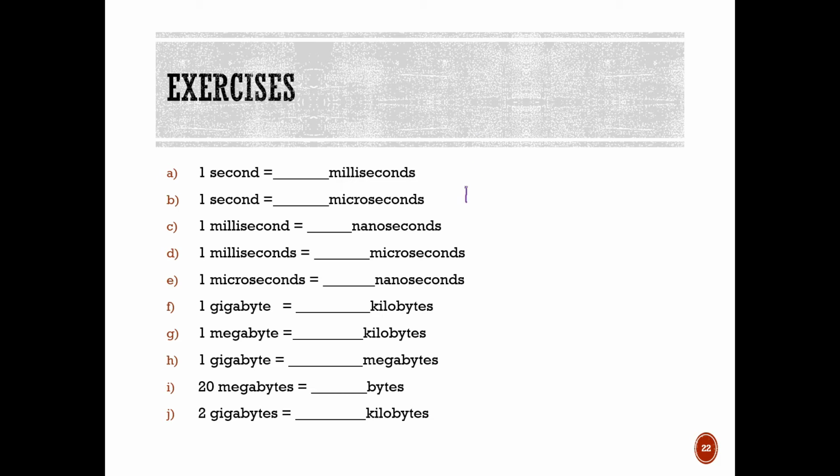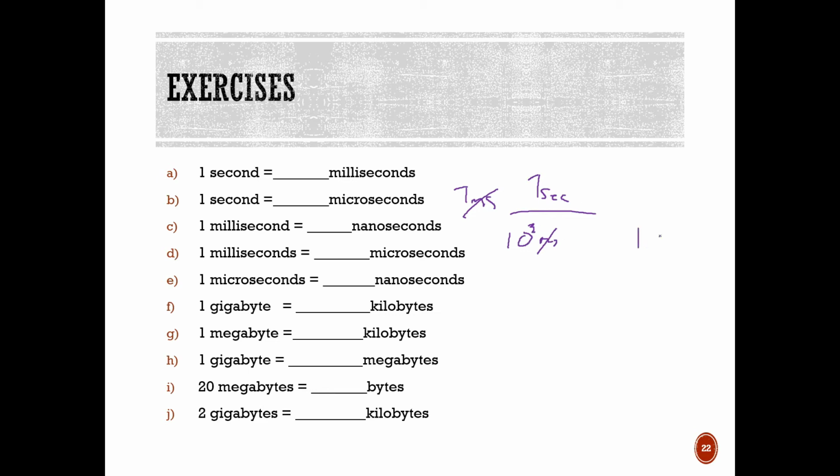So for 1 millisecond, we're going to put 1 second on the top. And how many milliseconds are in 1 second? 10 to the third milliseconds. Now we want to do what we did before. We are now converting in seconds because these milliseconds cancel out.